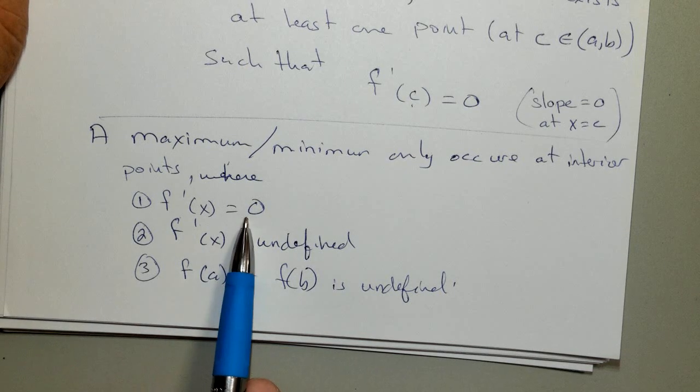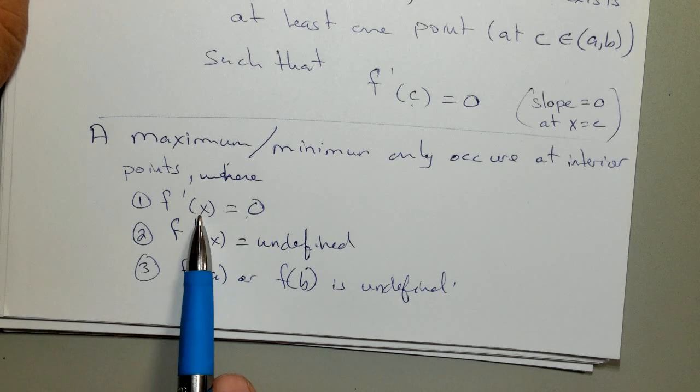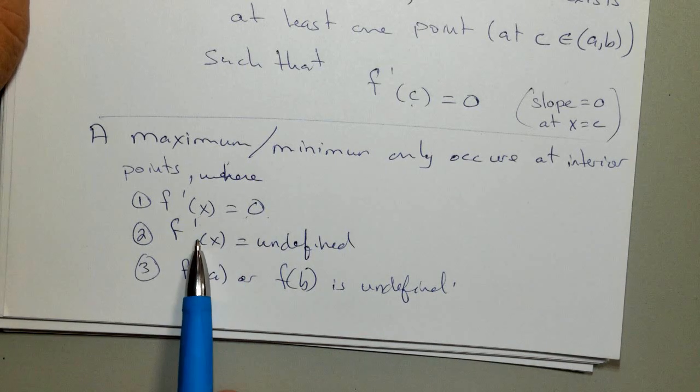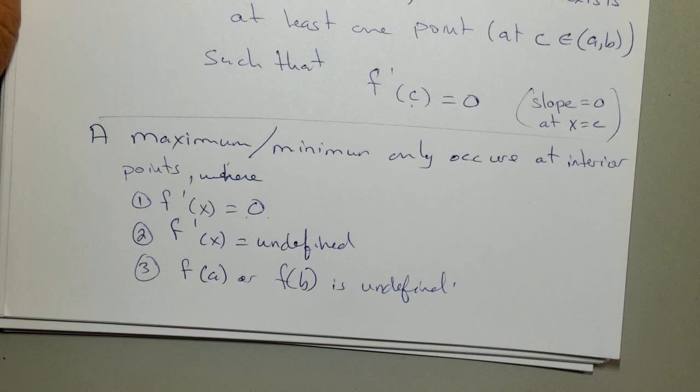We know this one. f prime of x equals 0. We just talked about that. Why is f prime being undefined able to be a maximum or minimum? What is that an example of? If f prime is undefined, what kind of graph gives you an undefined slope?